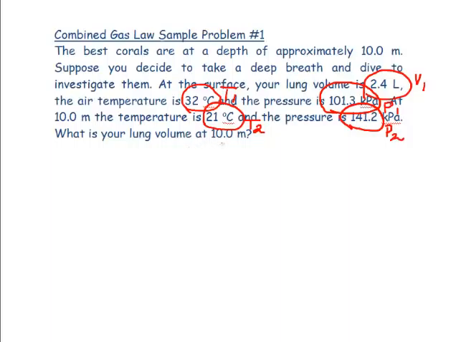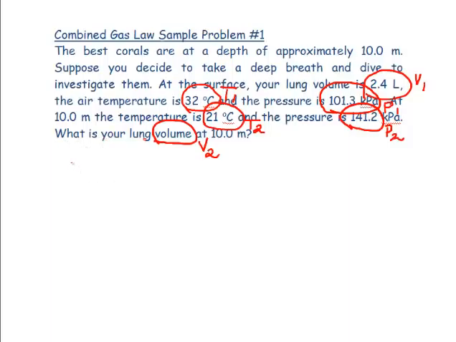What's your lung volume at 10.0 meters? Lung volume. So volume is what we're looking for. We're looking for V2. So what I've done here is identify 5 of the 6 variables that make up the combined gas law. Well, let's start plugging them in and see what we can come up with.